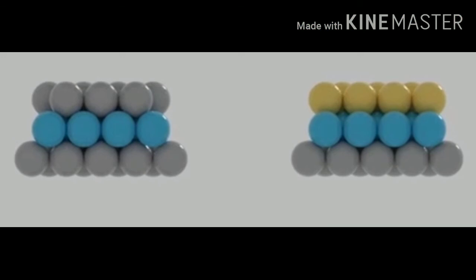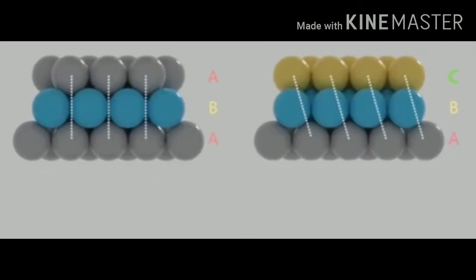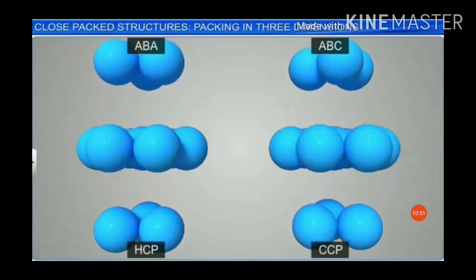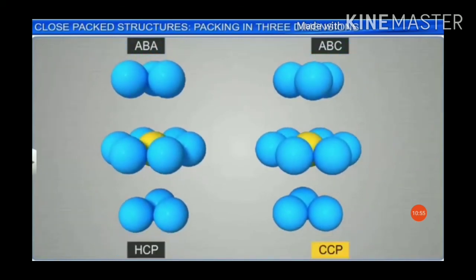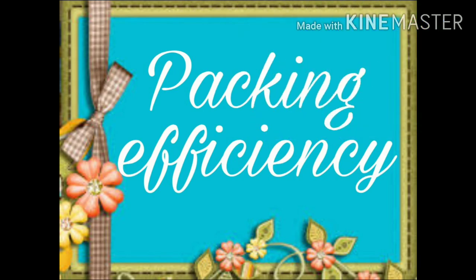So the main difference between HCP and CCP lattices is that in the HCP lattice, AB type of arrangement is seen, but in the CCP lattice, ABC type of packing is seen. But both are equally efficient with coordination number 12. So the close packing in 3 dimensions is over.